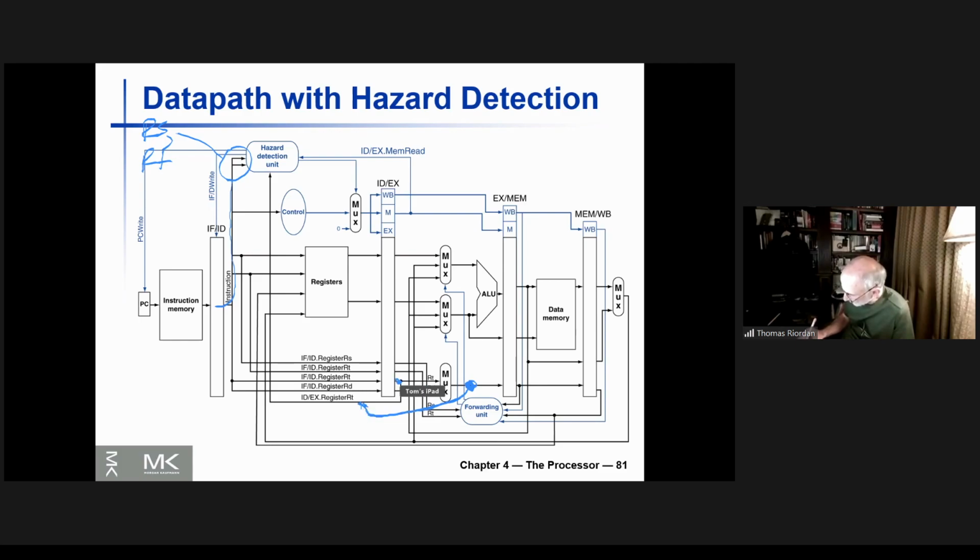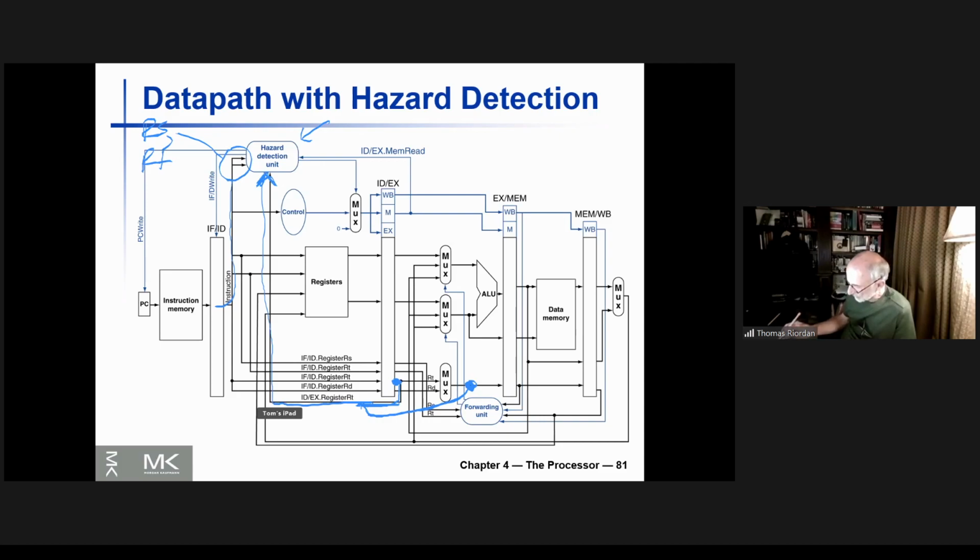But this is fine too, and it's completely accurate because again, we know that the only time we're going to use this is right after we did a load. And we know that the load is in the RT slot, that the destination is in the RT slot. And so he just grabs it from there. That's fine. So we bring that into the box.